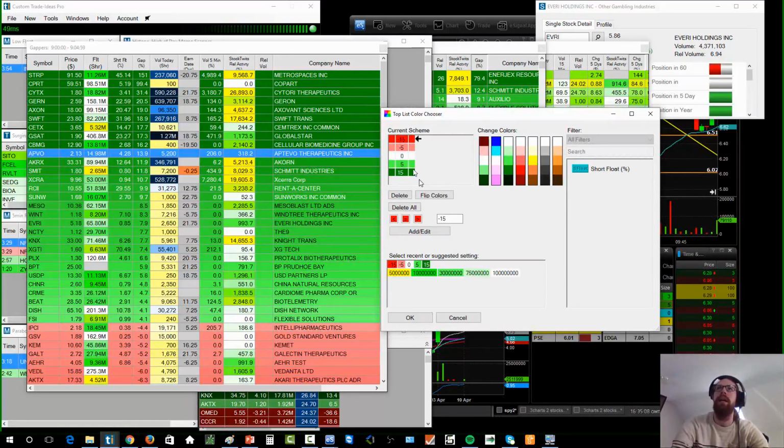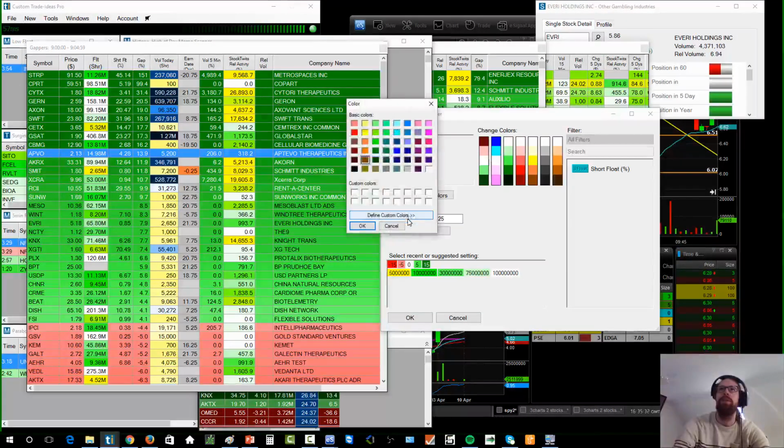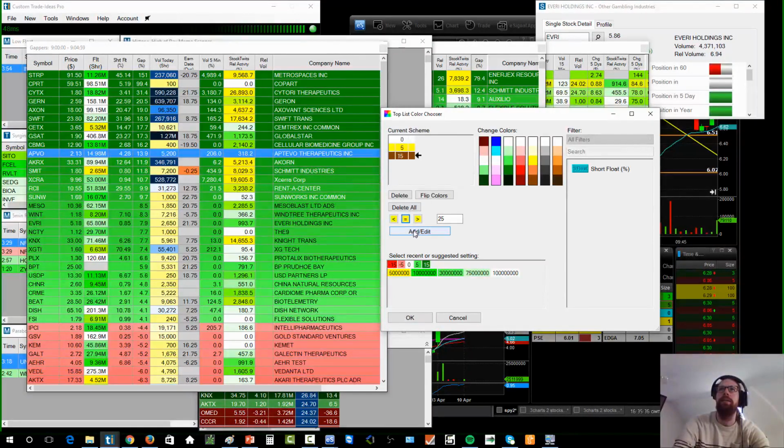So I could say if the short float, so let's delete that. Obviously we're not going to have anything that's negative, or we shouldn't. We're only going to have stuff that's positive. So let's add a new one for anything above 25%, and we'll make that yellow. Okay, so that's fine. So we'll do 25%, and we'll change this to yellow right here. And then I'll say add.